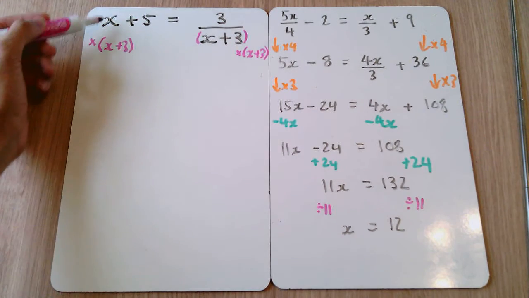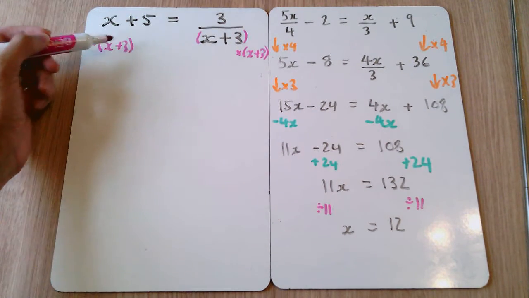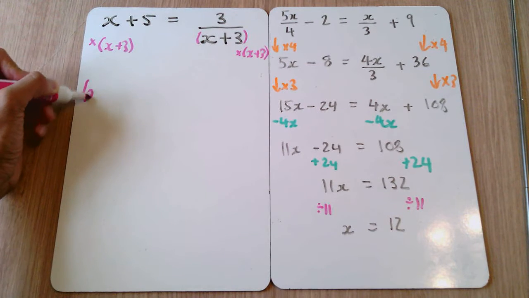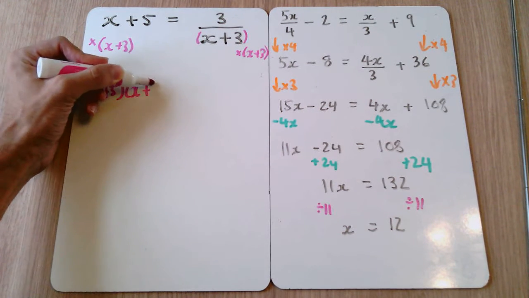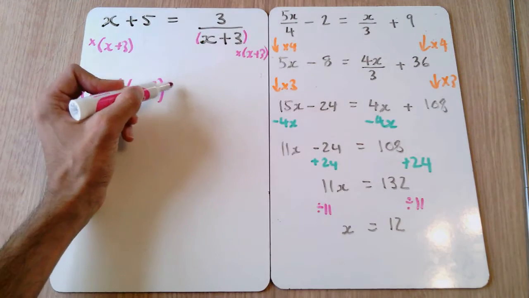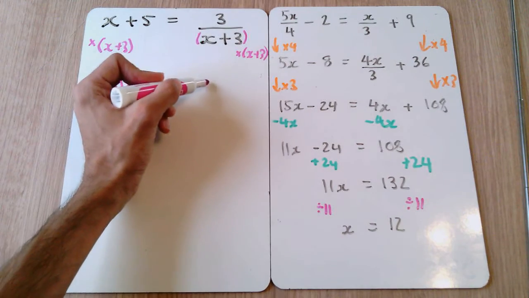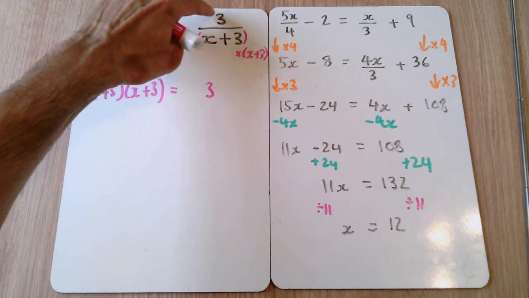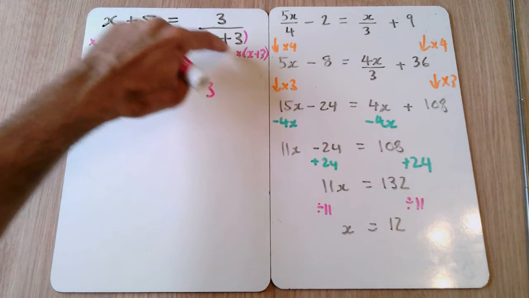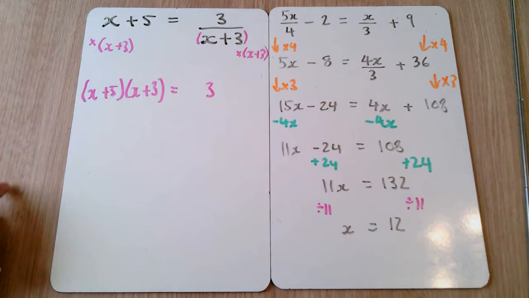Now, if I times x by x plus 3 and 5 by x plus 3, I can actually write this as x plus 5 all multiplied by x plus 3, and that is equal to just 3 on the right-hand side, because when I multiply this by this, I get 3 times x plus 3 over x plus 3, and those x plus 3's will cancel out.